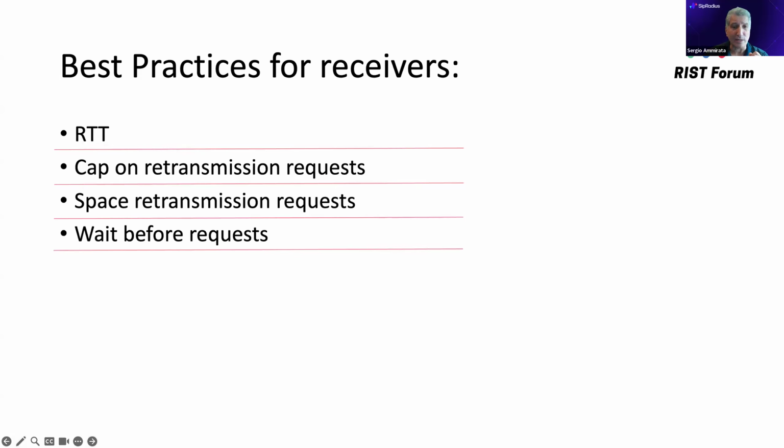Now, wait before request. If a packet loss is detected, the receiver should wait a reasonable amount of time before considering that packet lost. The time should be somewhere between the reorder buffer size that Ari mentioned and half the RTT time.